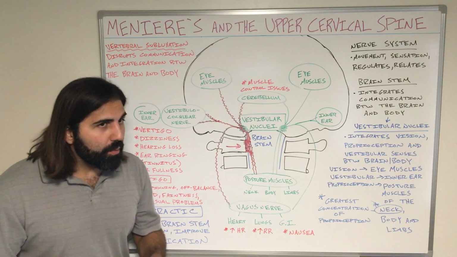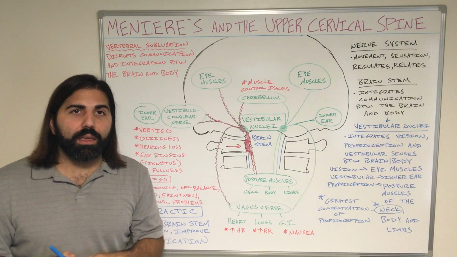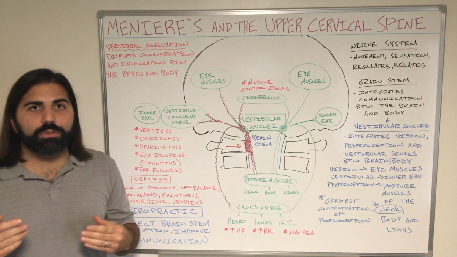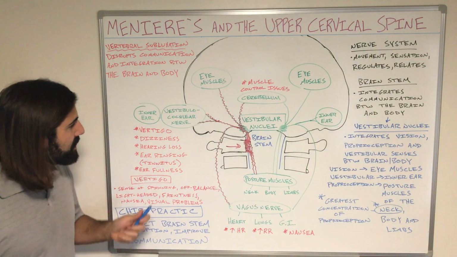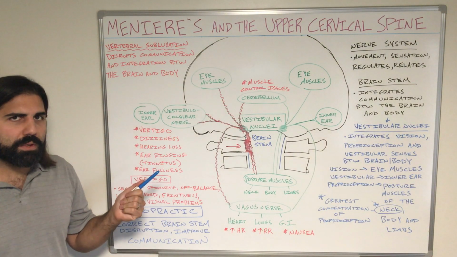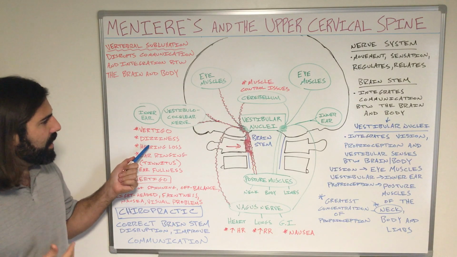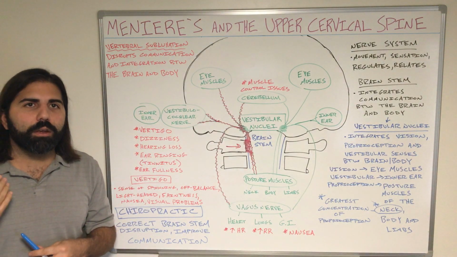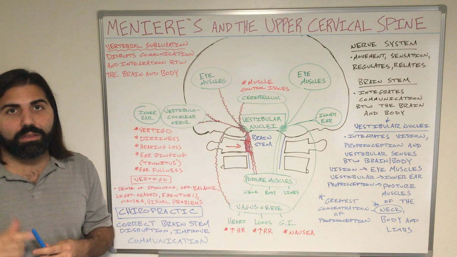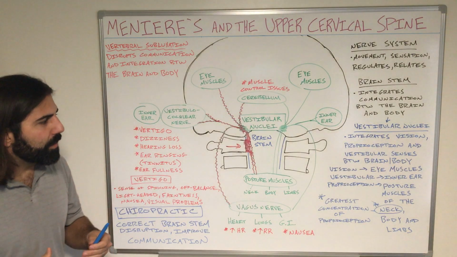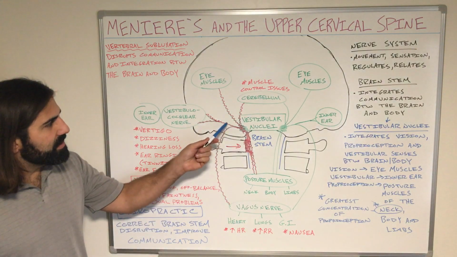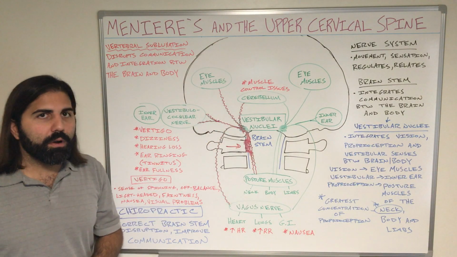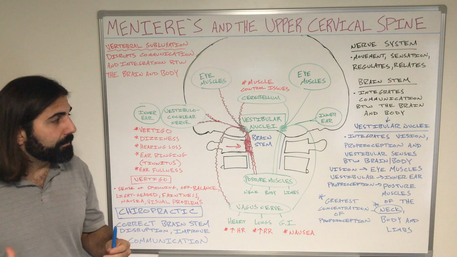So this is why we have to sometimes step back and not necessarily focus on the symptoms, because if we just focus on the symptoms, we would think, if there's some type of ringing in the ear or dizziness, there must be an inner ear problem. But if we look at the neurology, we can see that all these different aspects of our nervous system are interconnected.